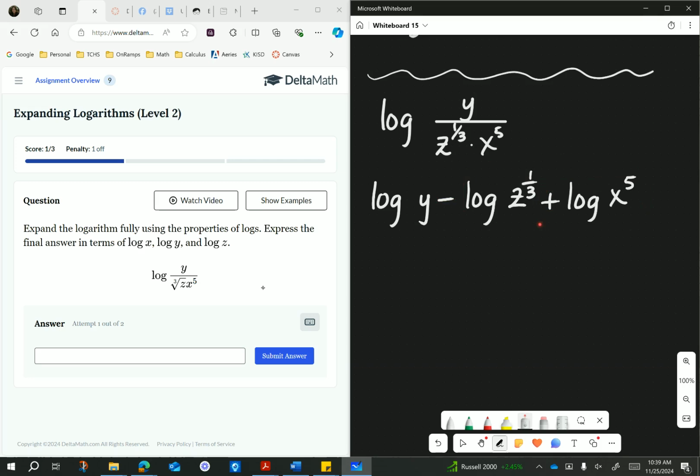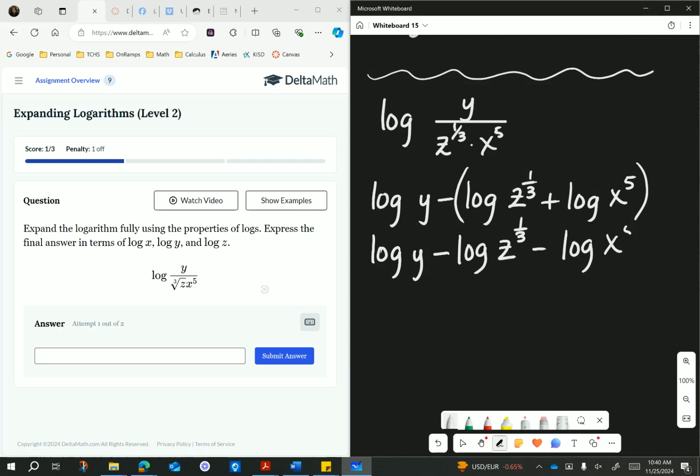So what I want you to understand is that if you have a division with several terms being multiplied underneath, that division goes with the z, and that division also goes with the x. So visualize it as having parentheses around the entire denominator, and thus when you write it out, it should be minus log z to the 1/3 power minus log x to the 5th power, because the distribution of the negative needs to take place.